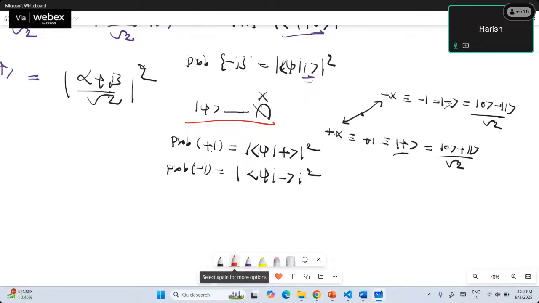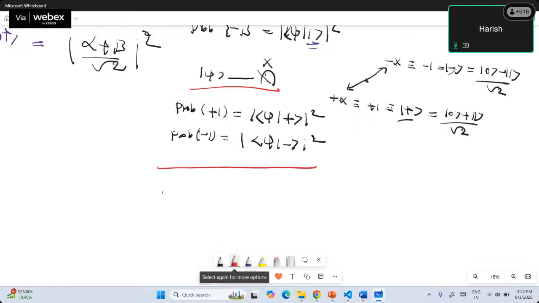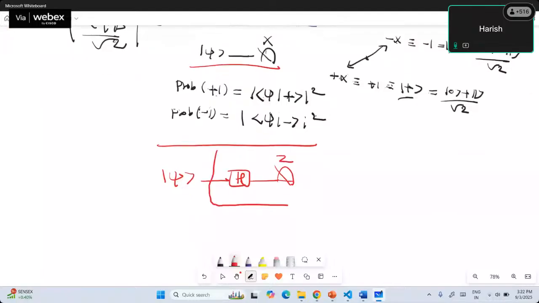In place of just psi, if we apply a Hadamard gate on the qubit and then perform the Z measurement, the computational basis measurement, this complete thing, Hadamard then Z basis measurement, is the measurement in the X basis.